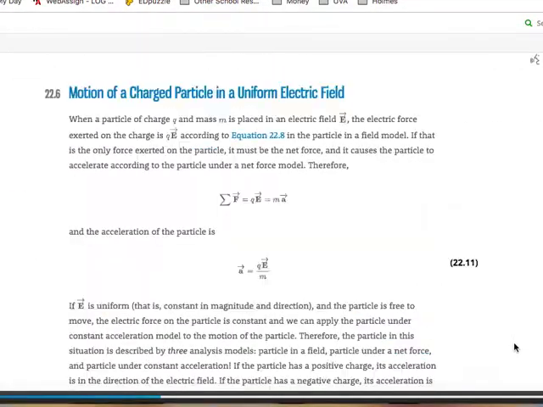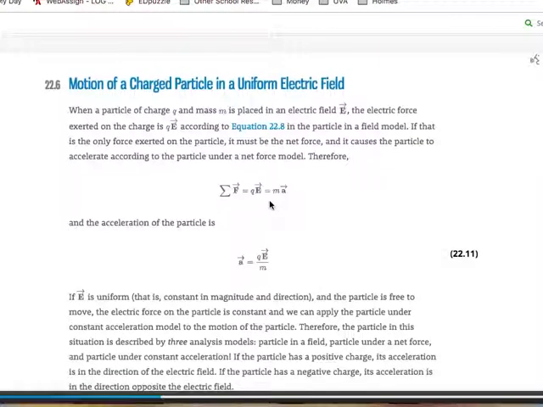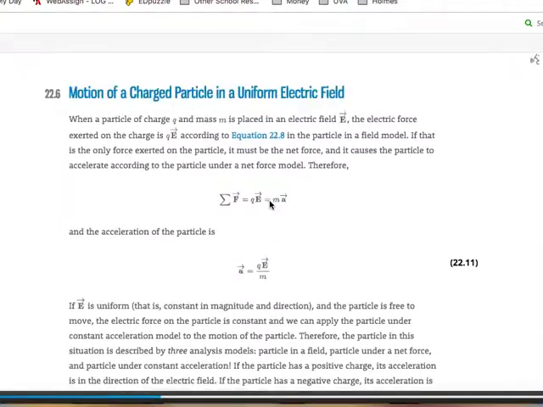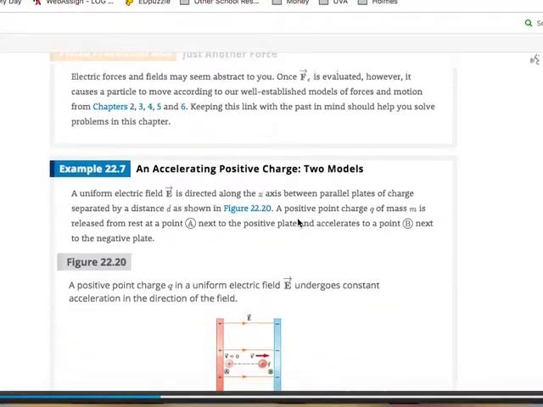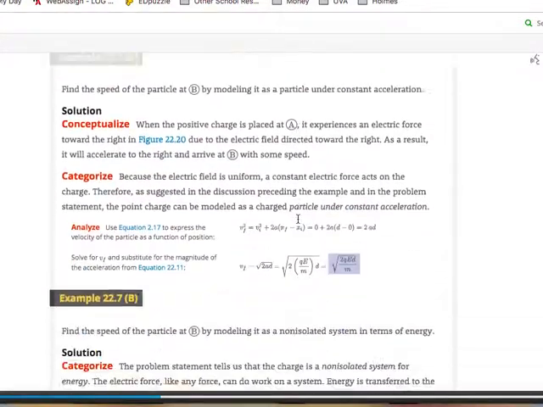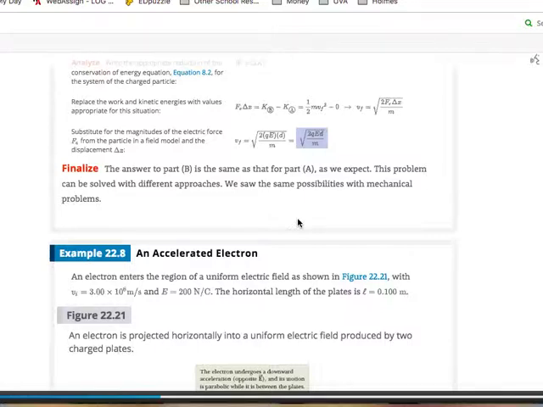Okay, let's talk about voltage or electric potential. Oh, before I move on to that, the motion of a charged particle in an electric field: if you place a test charge in an electric field, it will experience an electric force. And we know that force is mass times acceleration. So in that case, that charge will accelerate based on its mass.